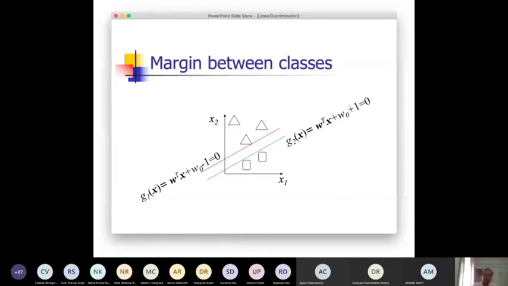Can anybody tell me what should be this distance? What should be the distance of, say, the origin from this hyperplane? We just discussed in the previous case itself.